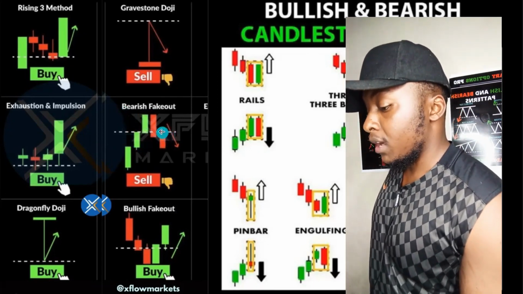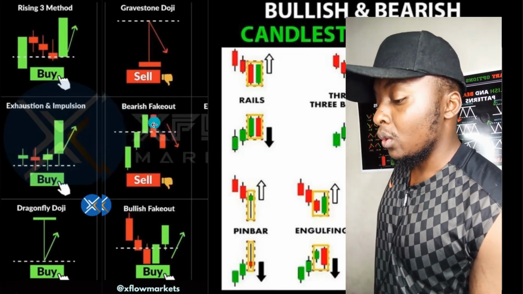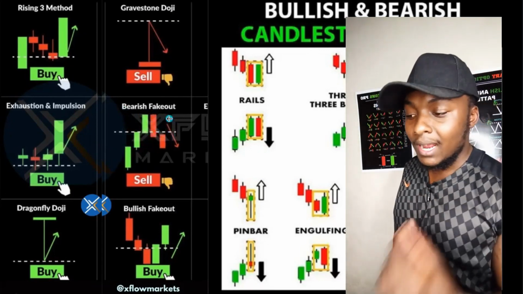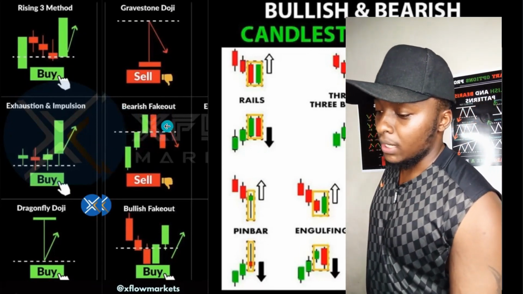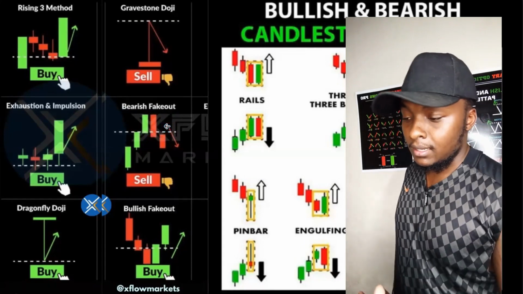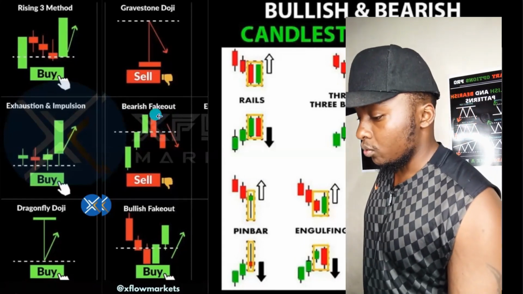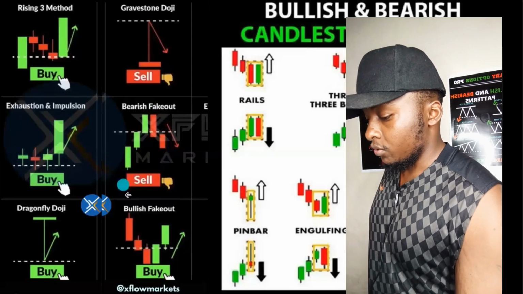The reason why it's a fake out, remember, the red candle closes below the green candle, and you'll find out that this is a downtrend. You're supposed to sell the fake outs, right?